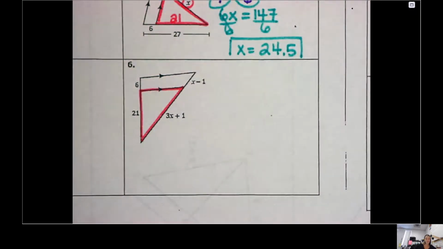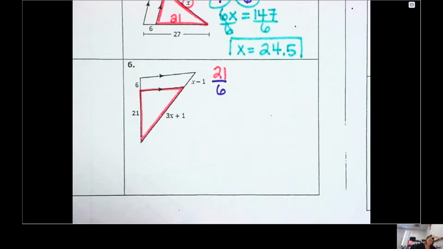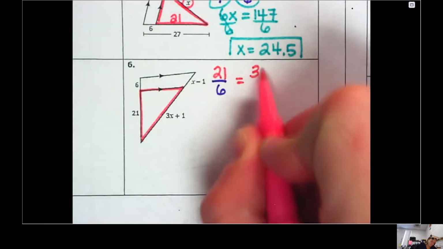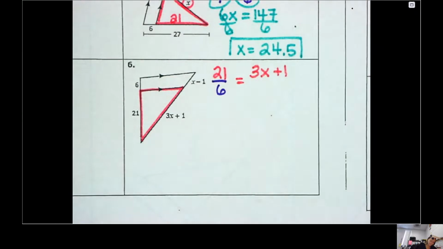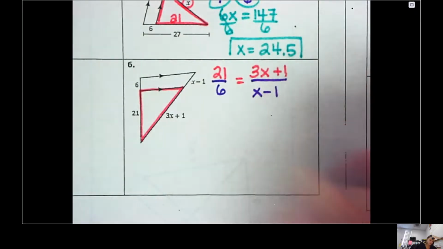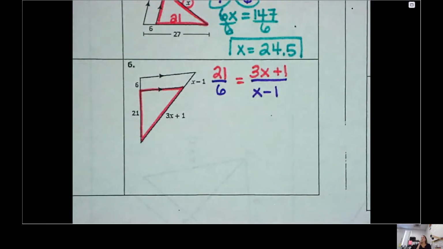So we can do 21 over 6. Okay. And then root x plus 1 over x. Beautiful. So that's one way you could write it.